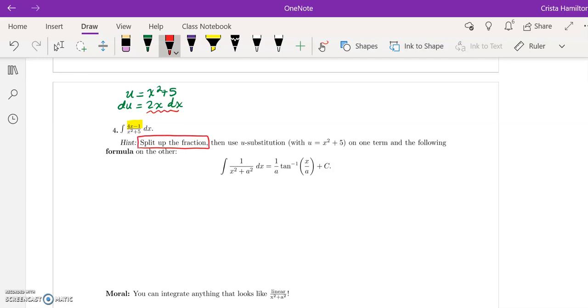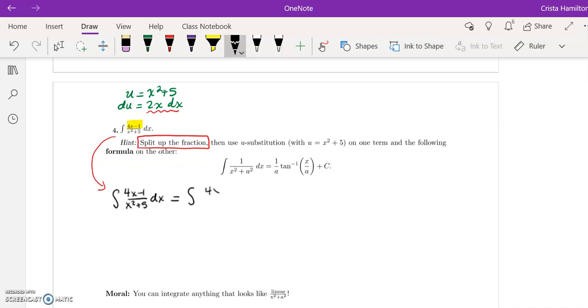All right, I'm going to look at the rest of the stuff in a second. I'm just going to bring this down here. And so this integral of 4x minus 1 over x squared plus 5 dx, I try u substitution. I see that it's not quite working. I go ahead and I split my integral.